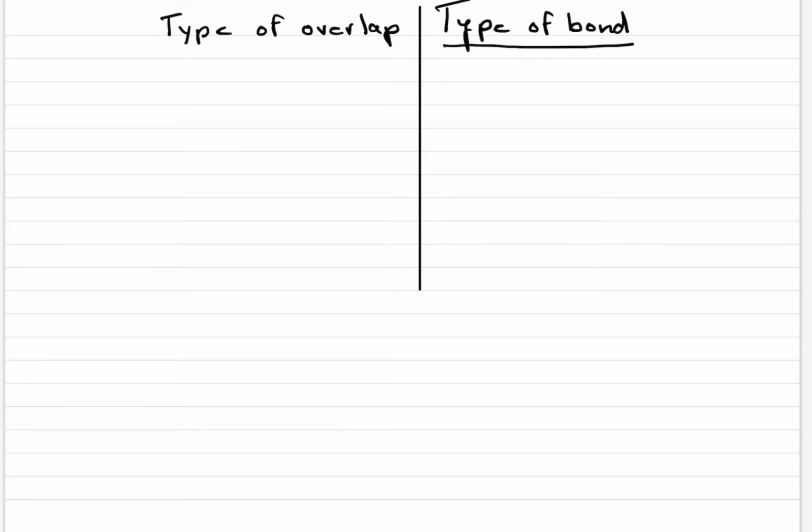Let's talk about it. The first type, what we see is S head on. So that's a sigma one. The type of bond will be sigma.